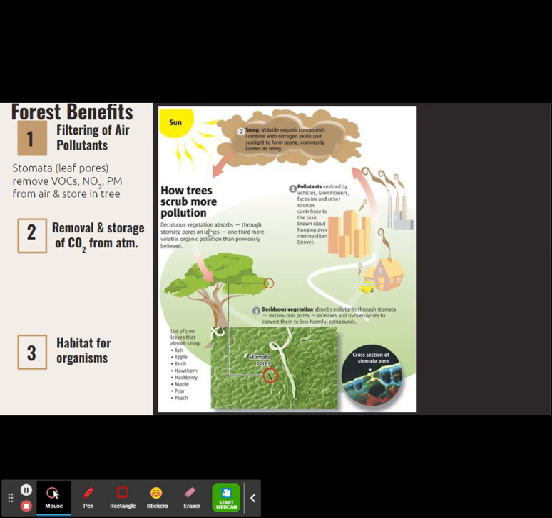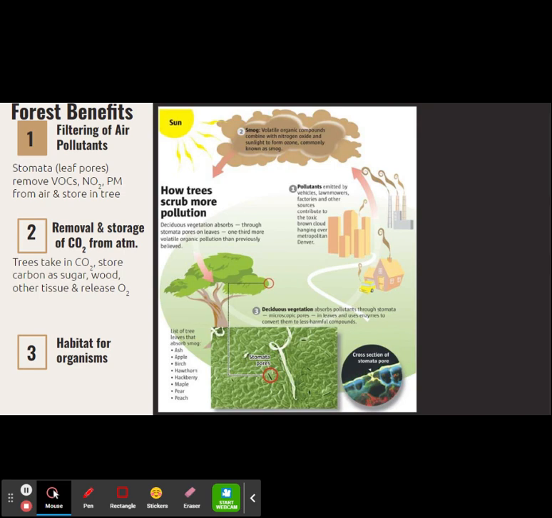Also, then we have the removal and storage of carbon dioxide from the atmosphere, which is also known as a carbon sink. And this also can be another word used, carbon sequestration, which is where you have carbon being removed and being stored. Plants and trees are photosynthetic.